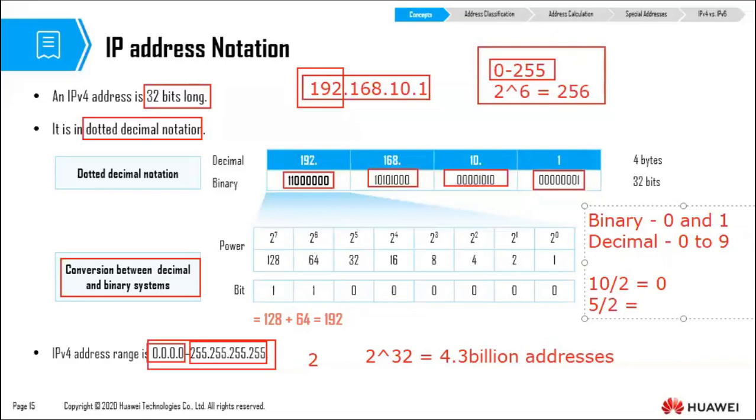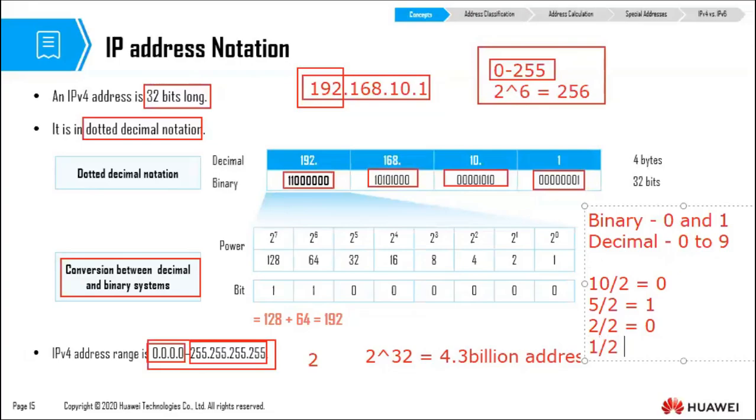What will be the remainder? 1. And 5 divided by 2 goes 2 times, right? Then again, we divide that 2 by 2. The remainder will be 0, right? And 2 goes into 2 once.